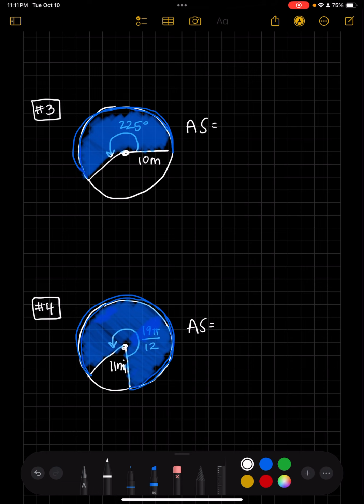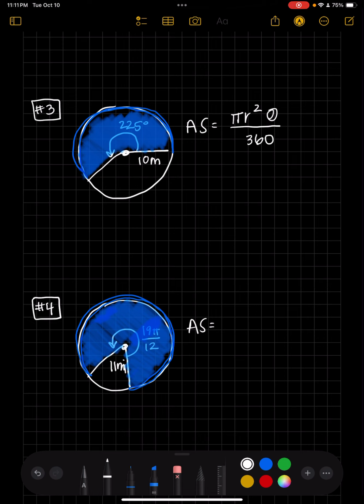And because they're measured in two different things, we have to use two different formulas. Example number 3 is measured in degrees. The angle is measured in degrees. So we have to use the formula for degrees, which would be pi r squared times theta over 360.